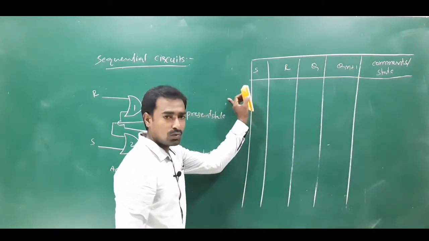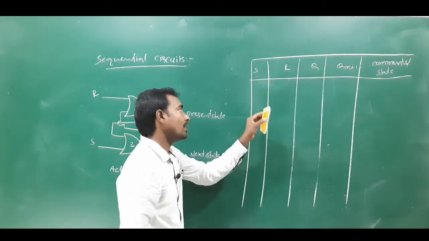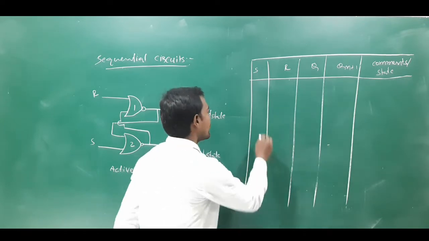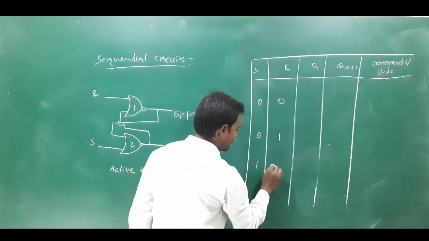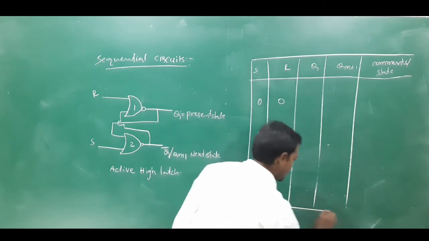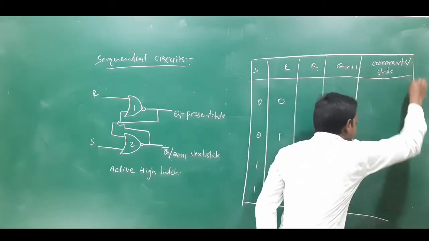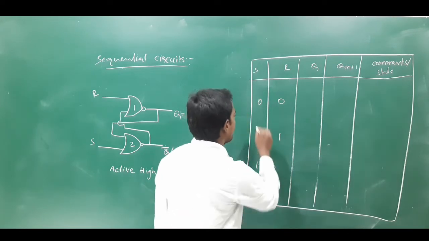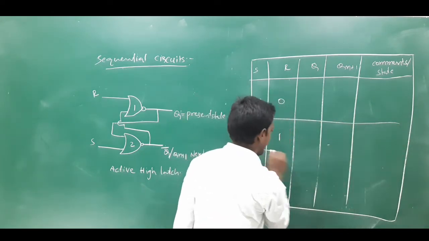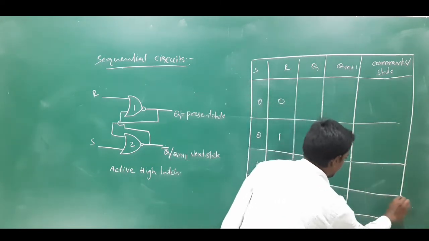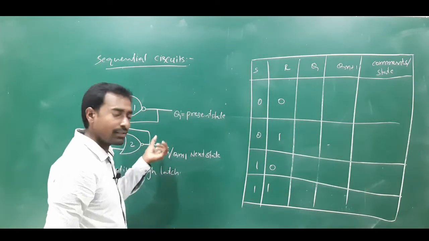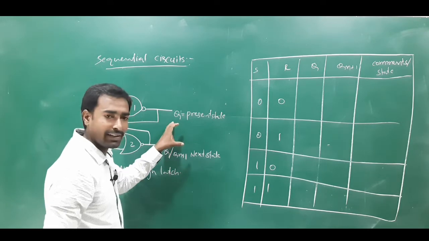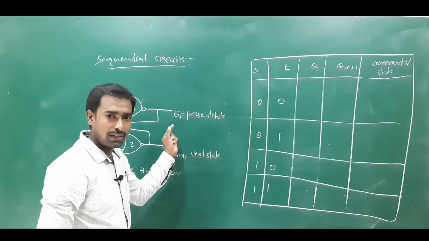When we are taking the two binary inputs S and R, we will get four combinations: 0 0, 0 1, 1 0, and 1 1. These are the four combinations. And see, this latch circuit has a storage element, which is either 1 or 0.